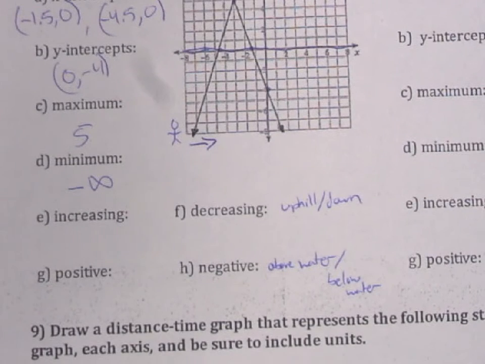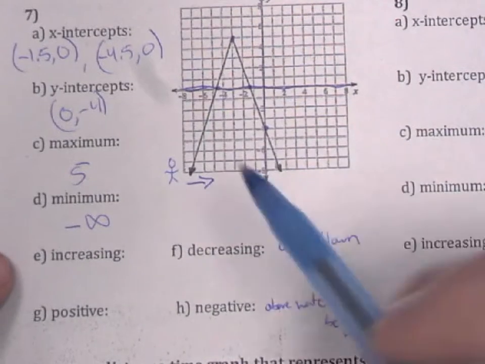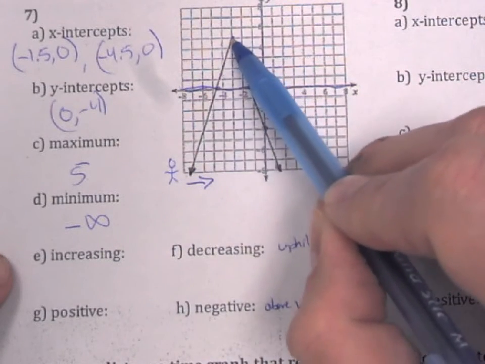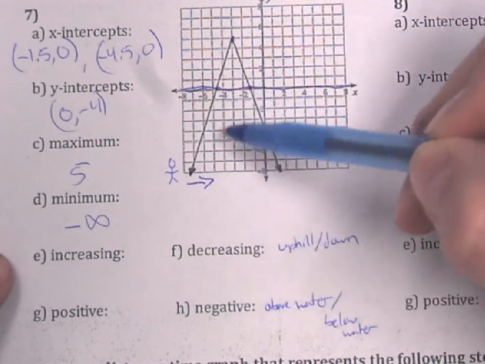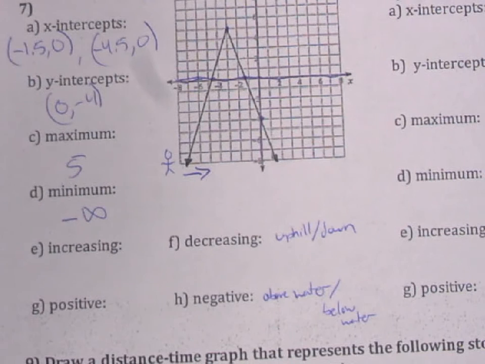So we've got to break our graph up. Let's start with increasing and decreasing. Our guy walks up, and he's here. He starts to have to turn around and walk down. So there's a line that separates the increasing from the decreasing part. Let's draw that line, and that will help us with our interval.